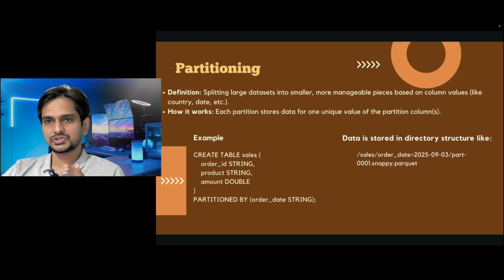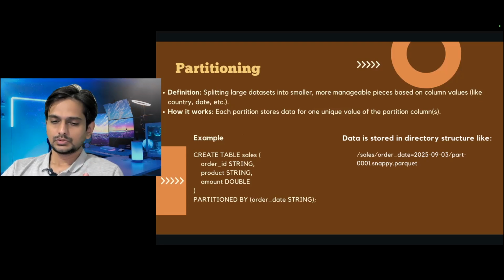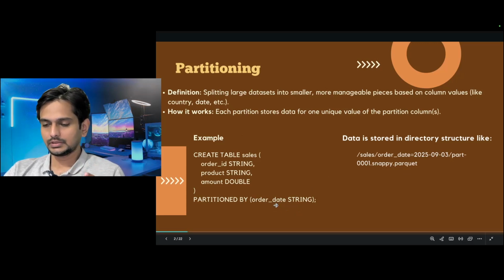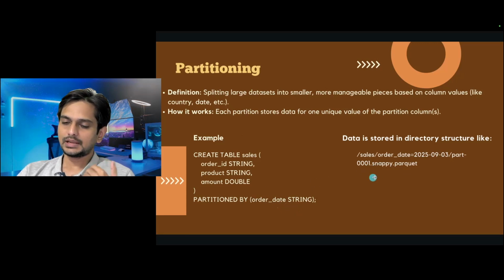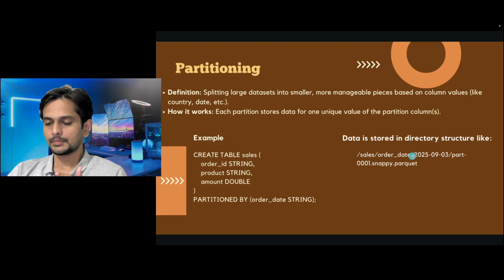Behind the scenes, the partition creates a directory structure where every partition corresponds to a unique value. Like here, suppose you are partitioning by order date. Behind the scenes, you can observe that sales is a folder, and in it, subfolders have been created for each particular date, because you're partitioning by order date.